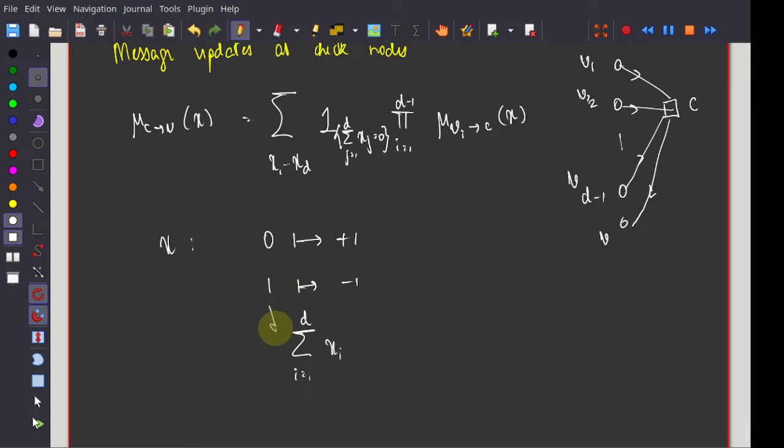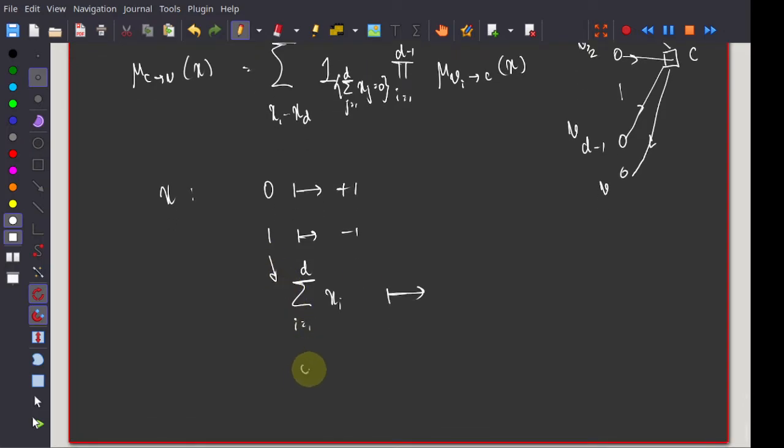In the 0, 1 world, the summation is basically the XOR, right? What does this become when you map these to +1 and -1? So let's think about it. 0 XOR 0, 0 XOR 1, 1 XOR 0, and 1 XOR 1. These are the possible combinations. Now we've mapped 0 to +1 and 1 to -1. 0 XOR 0 is 0, this is equal to 1, this is equal to 1, and this is equal to 0.